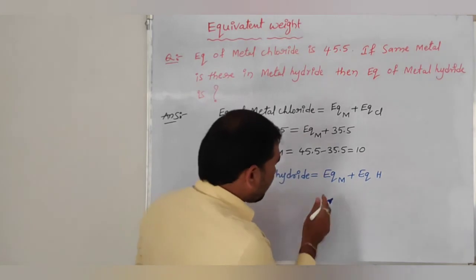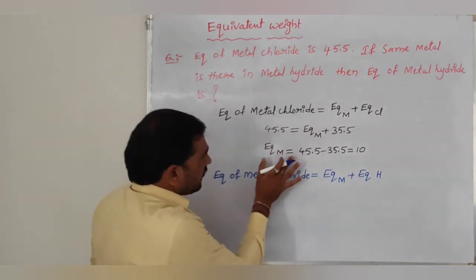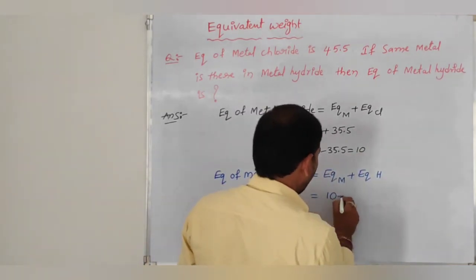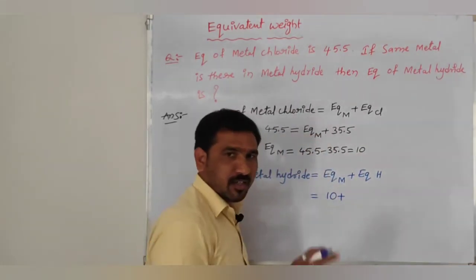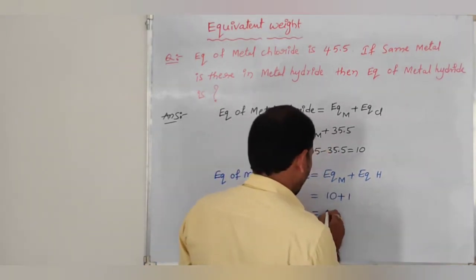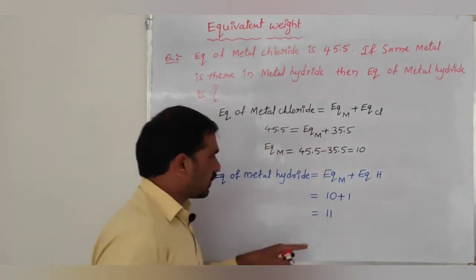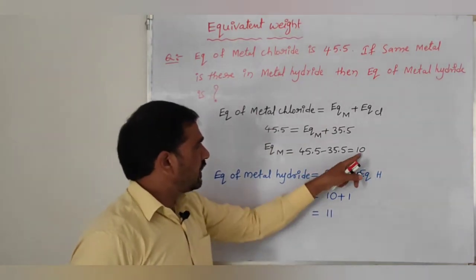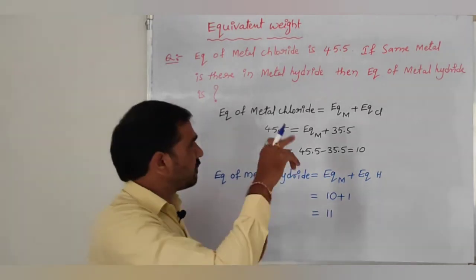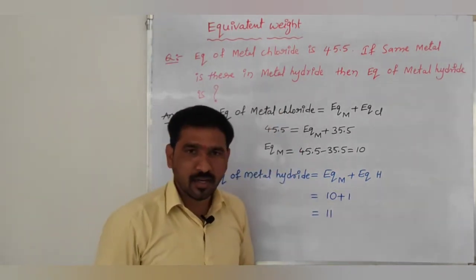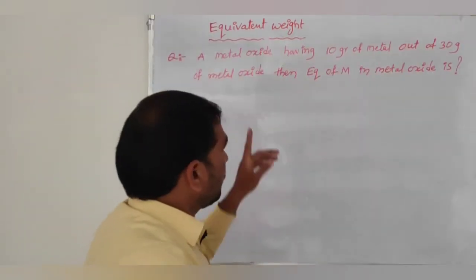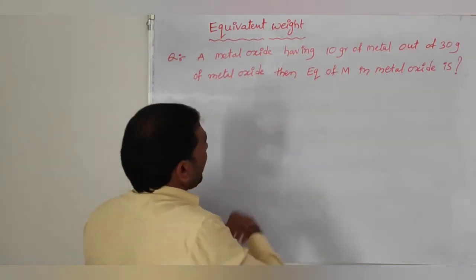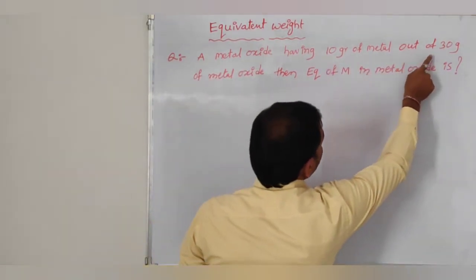Then here equivalent weight of metal we got by the above calculation, that is what, beta? 10. That is equal to 10 plus equivalent weight of hydrogen constant, that is equal to 1, therefore 11. So 11 is the equivalent weight of metal hydride, and 10 is the equivalent weight of metal which is present in both metal chloride and metal hydride. Is it clear? Okay.